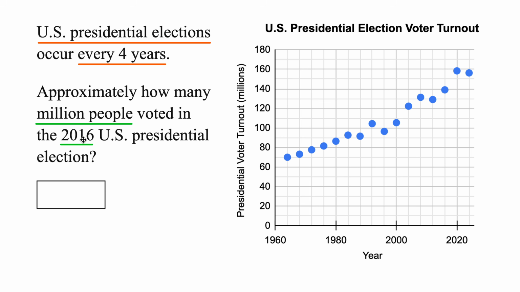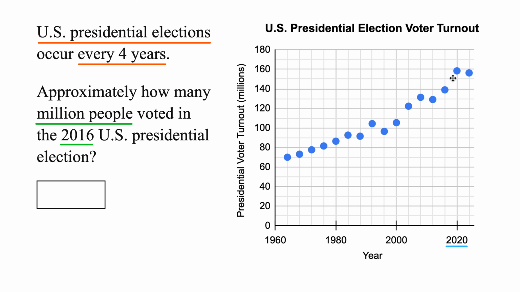Now, the only problem is 2016. They give us 2020 over here, but we've got to find 2016 on the graph. Now, this one, if we go straight up, there was an election in 2020. So if they occur every 4 years, there must have been one 4 years before this.